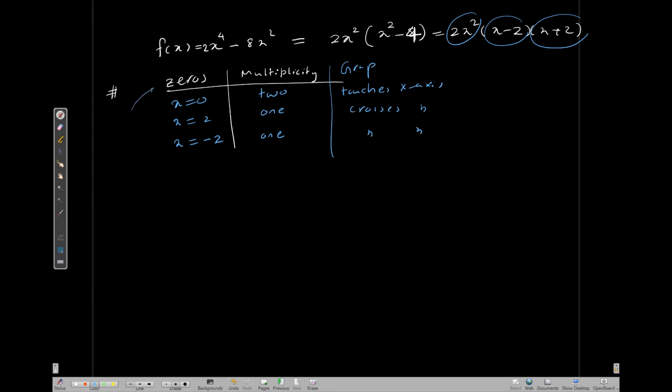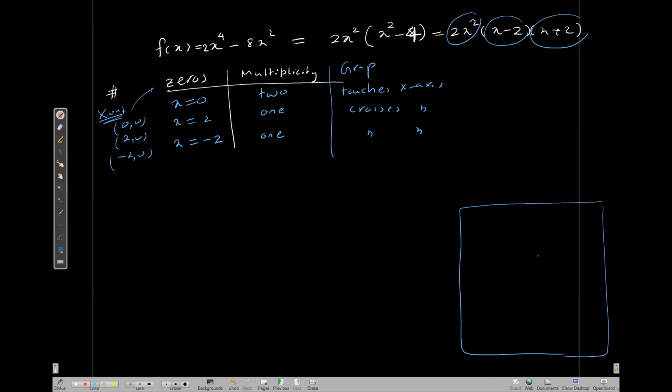So zeros mean x-intercepts. X-intercepts are 0, 0, 2, 0 and negative 2, 0. So at this point, we know our graph passes through 0, 0, negative 2, 0, and 2, 0.